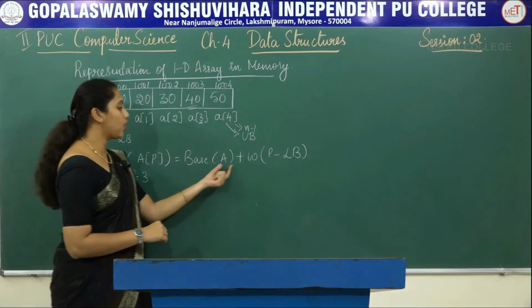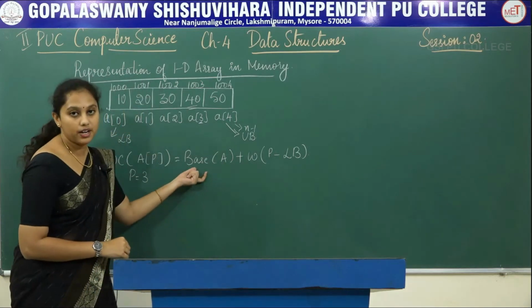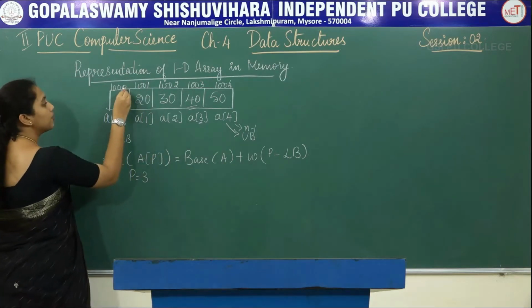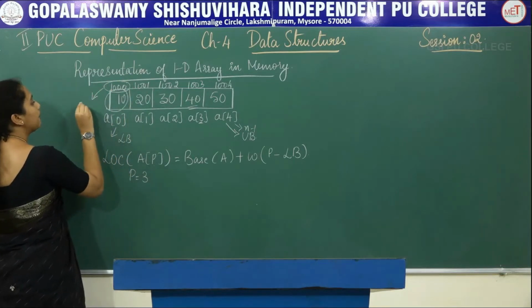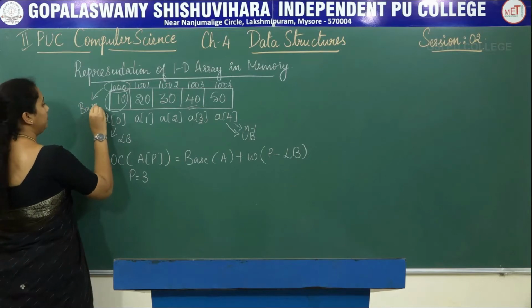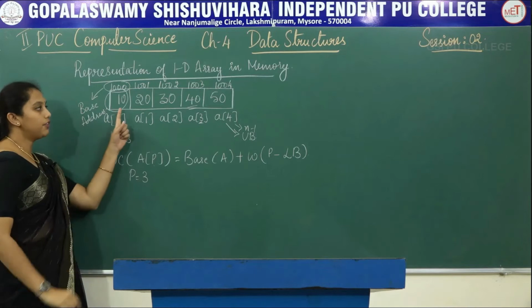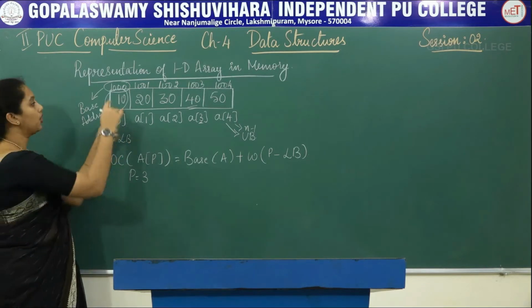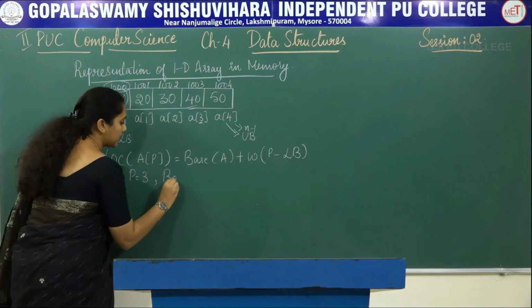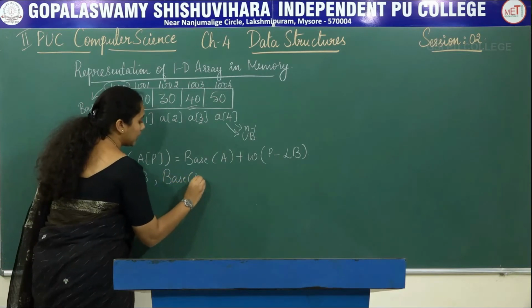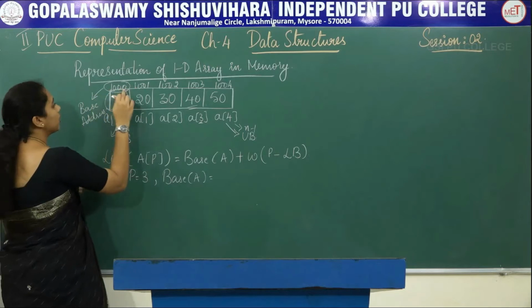Next, base of A. What is the base address? The address of the first element of the array is called the base address. Now the value of base of A is 1000.